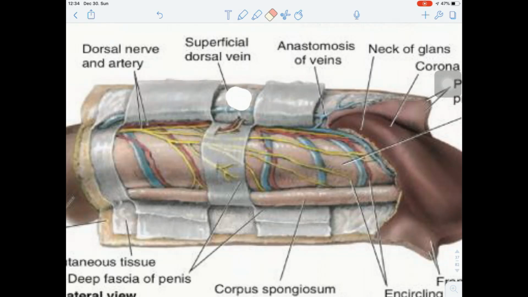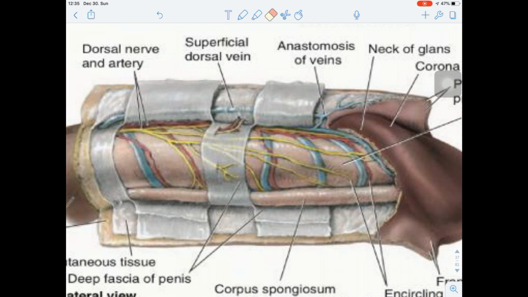Then more superficially, the other fascia you have is the superficial fascia of the penis with the dartos fascia of the penis. Dartos fascia is more superficial to the deep fascia, of course. If you remember in the perineum, Colles fascia is continuous with the dartos fascia of the penis and scrotum.